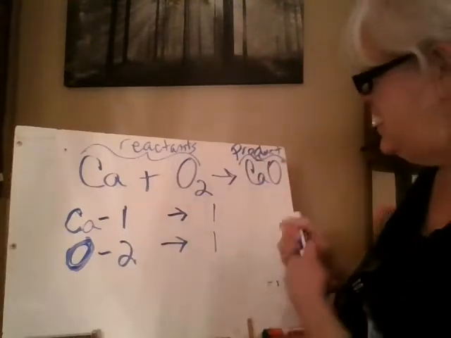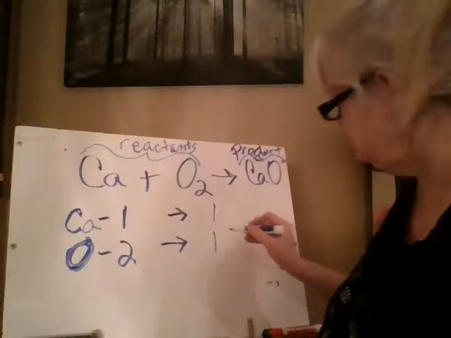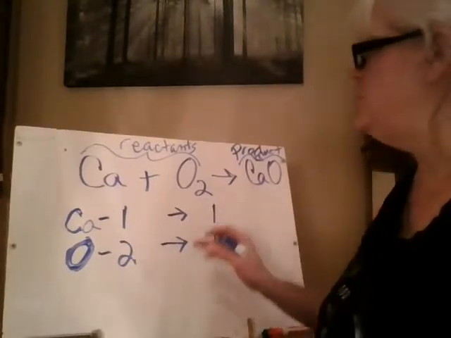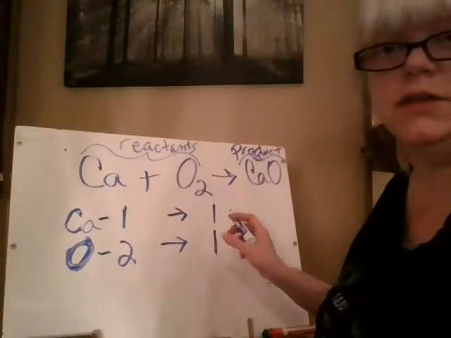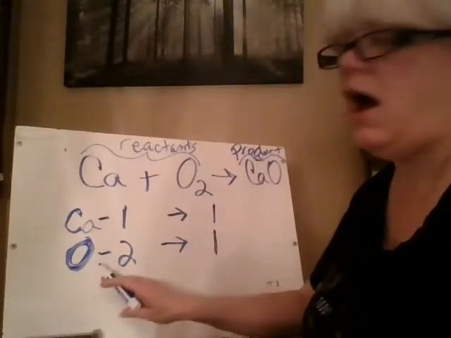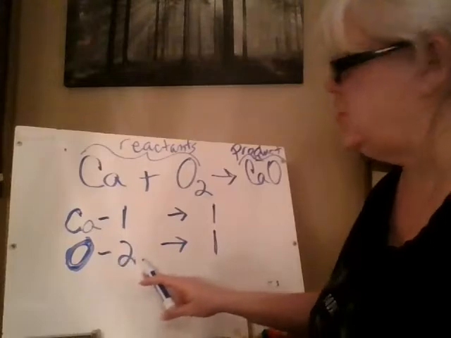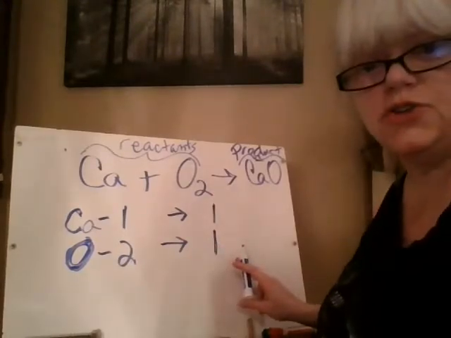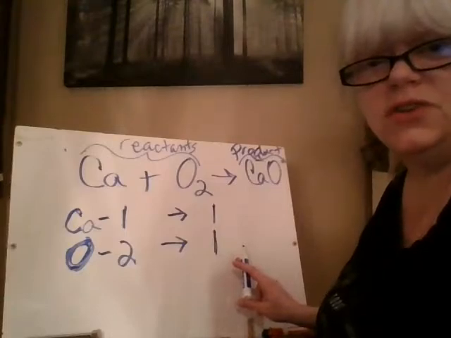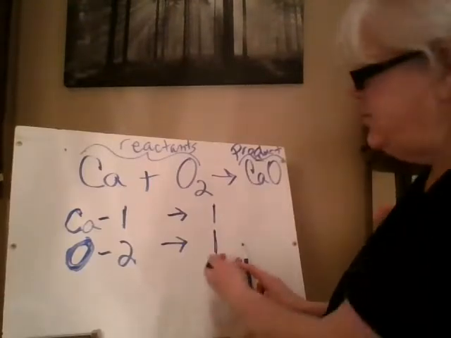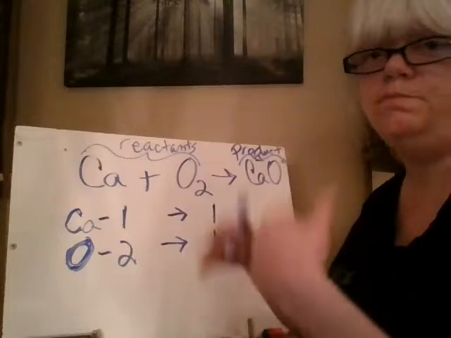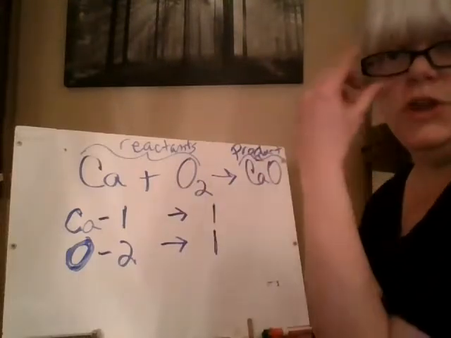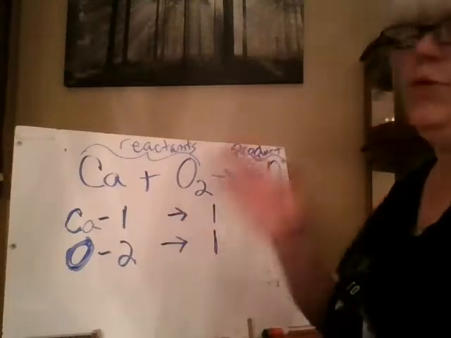And as we can see here, it's not very dark, you can see that we have calcium is balanced, seems fine, but oxygen is not. So we start out with 2 oxygens, but then when we get done with the reaction, we only have 1 oxygen. That doesn't sound right, because that would just mean that 1 oxygen just poof, it just disappeared from Earth. And that's not the case. We know that. So we have to balance it.